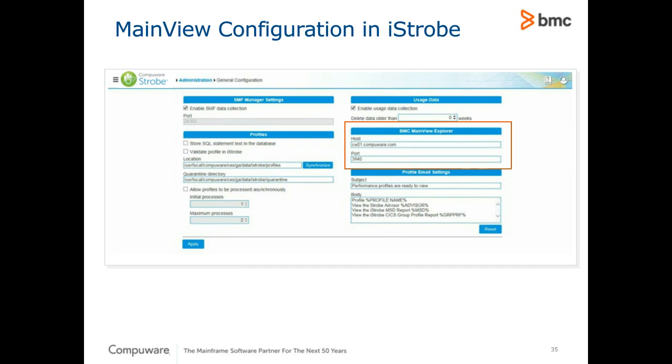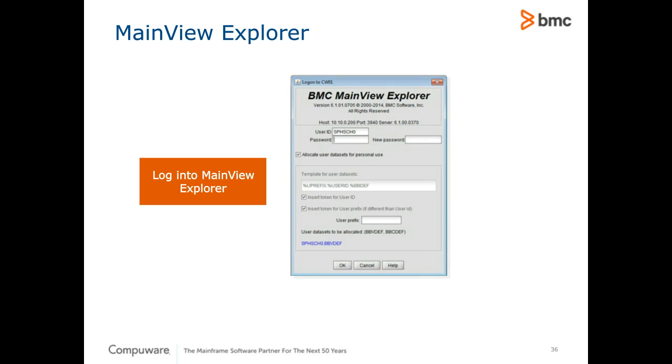Explorer gives you the ability to access all the MainView products, and there's a lot of performance-related dashboards and graphs. We set up where that server is and what the port number is, and then we log into MainView Explorer. So now, let me bring up MainView.